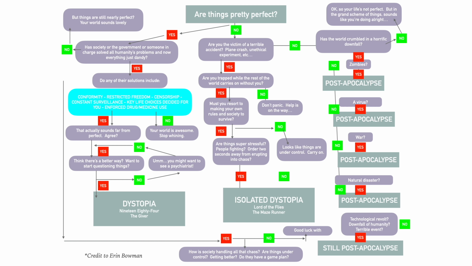The other category that Erin Bowman comes up with here is something that I would actually argue is still part of dystopia, the post-apocalyptic world being depicted. Has the world crumbled in a horrific downfall? Are there zombies? That would be post-apocalyptic. Is there a virus? That might be post-apocalyptic.